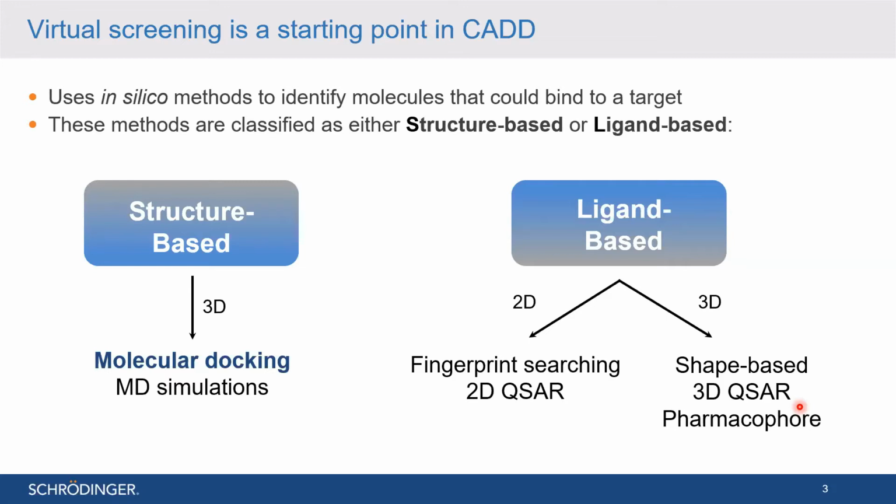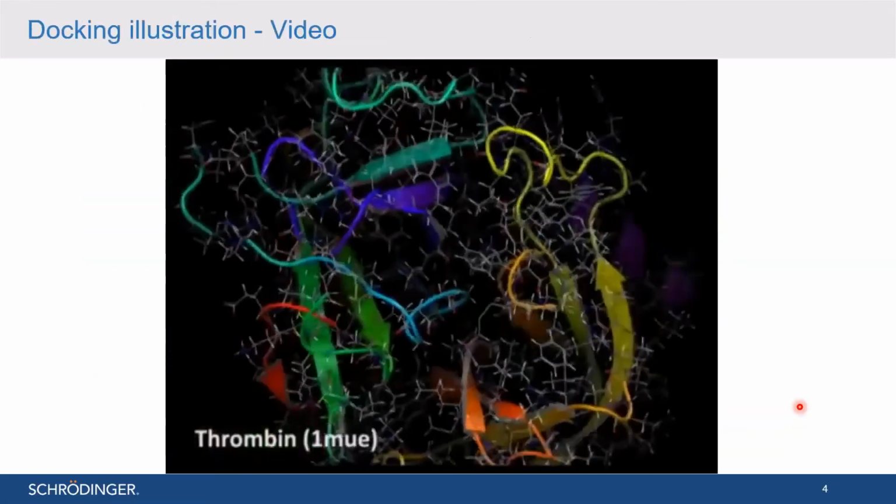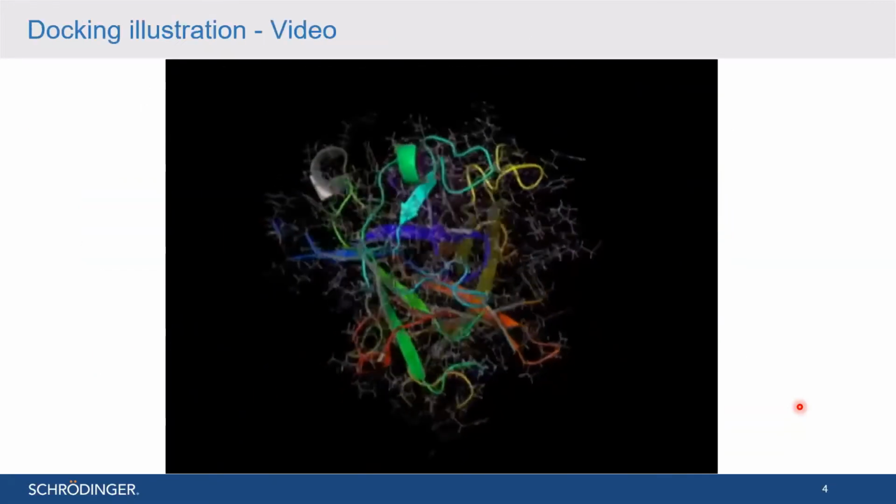But there can be a case when you don't have the structure of your receptor. In that case, we can rely on ligand-based methods like pharmacophore, QSAR methods, or shape-based screenings. There are many methods available inside these structure-based and ligand-based methods, and we are going to see them in subsequent sessions. But right now, we will mostly try to understand what actually happens.